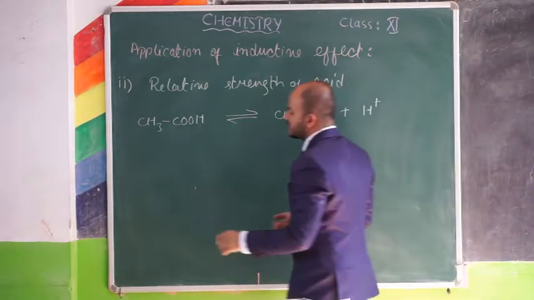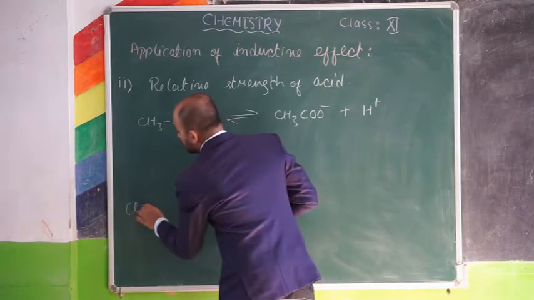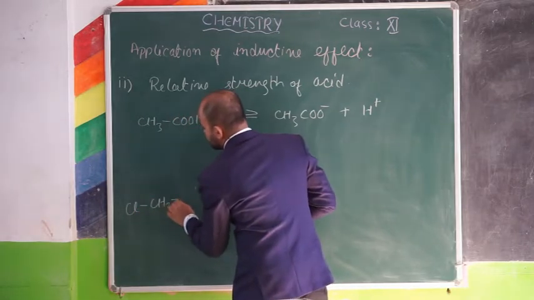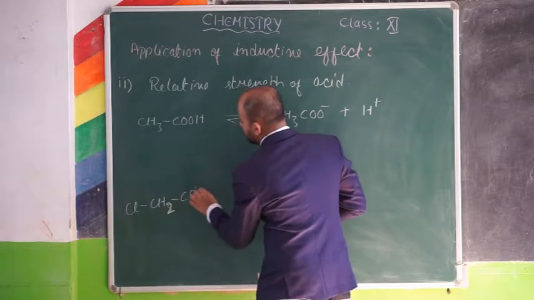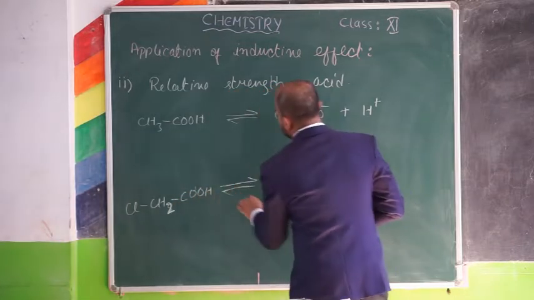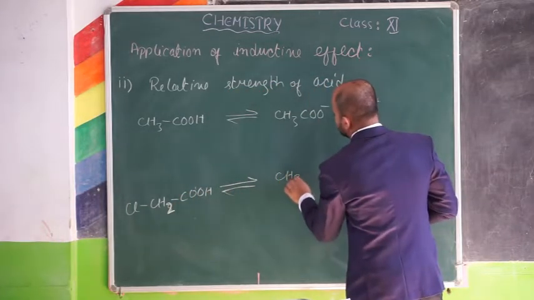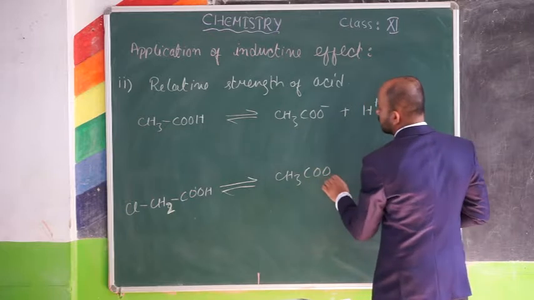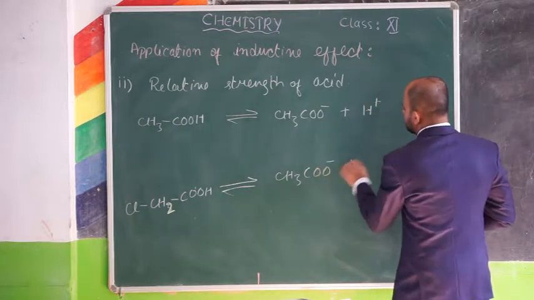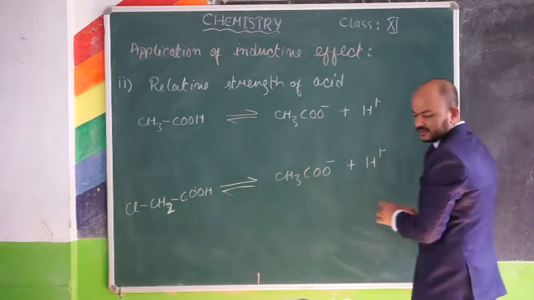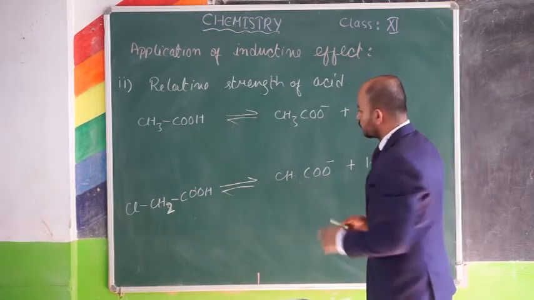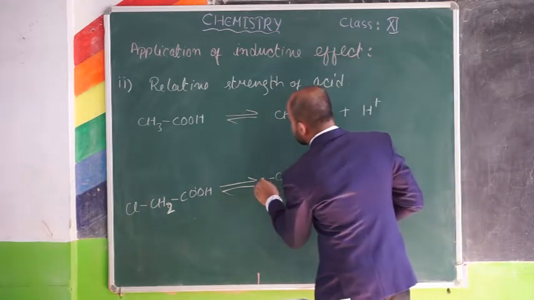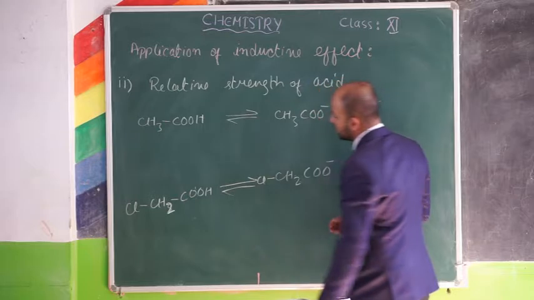Now let's take another acid, that is chloroacetic acid, CH2ClCOOH. Whenever this dissociates, it gives us CH2ClCOO minus plus H plus. Here we have Cl.